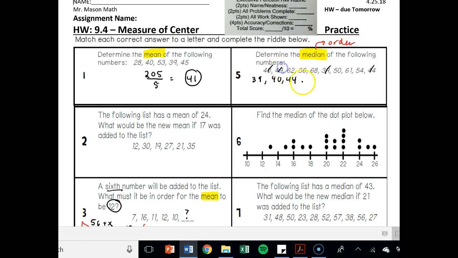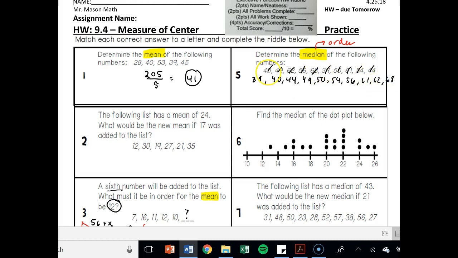Then we have 49. Then we have 50. Then we have 54 and 56. Then we have 61, 62. And finally we have 68.